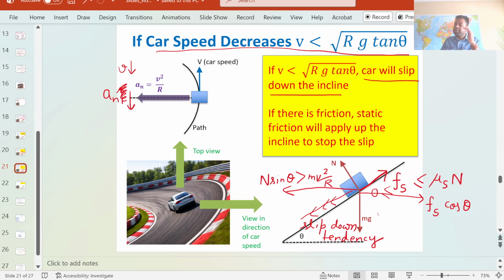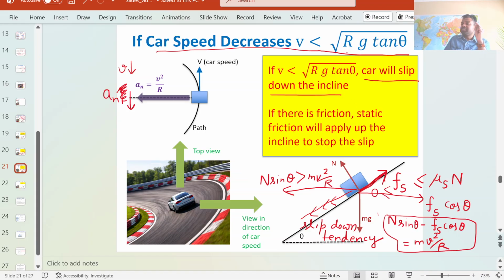So the friction that applies up the slope to stop the slipping down will have a component in the opposite direction. So you will have n sine theta minus Fs cosine theta equal to mv square by r. And that is the equation when you have speed less than this sweet spot, square root rg tan theta.